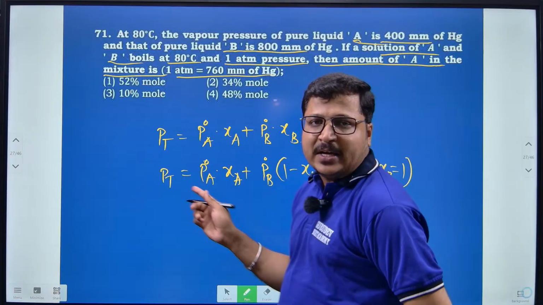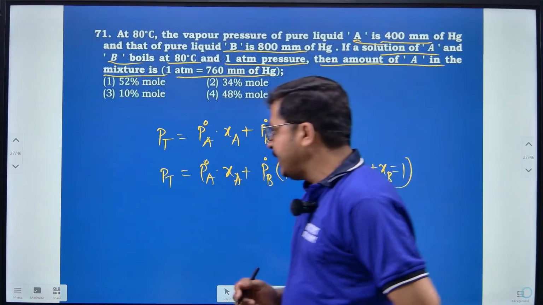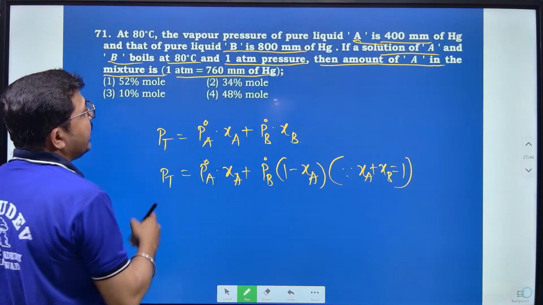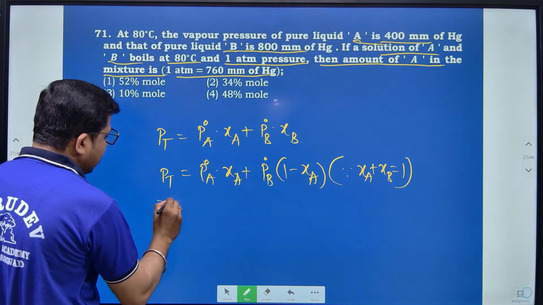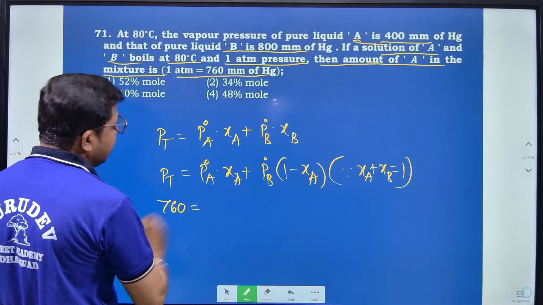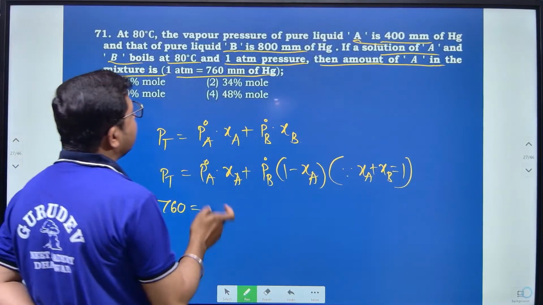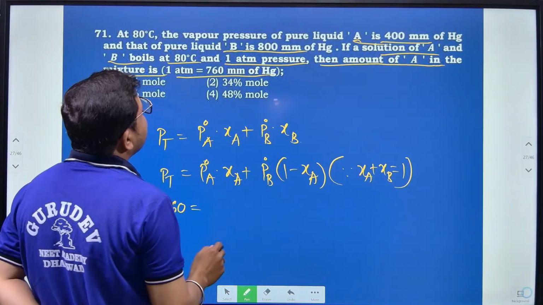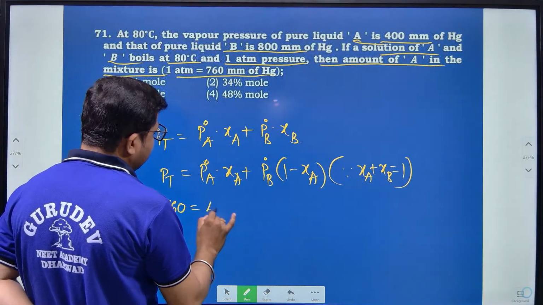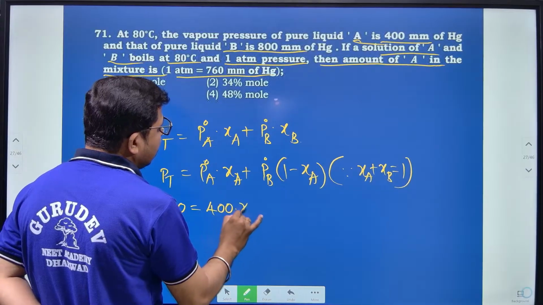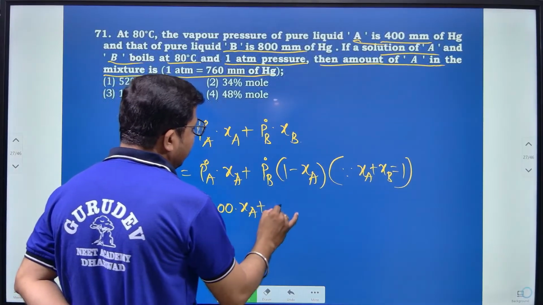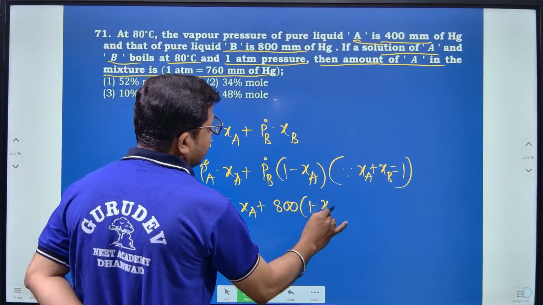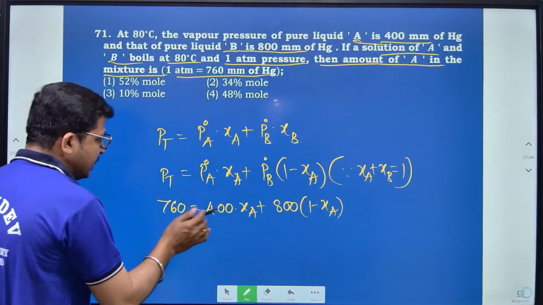Again, substituting the values into the equation and simplifying it. So Pt, they have given total pressure, that is 1 atm pressure. 1 atm pressure is nothing but 760 mm, is equal to, here they have given the pressure of A is 400 into XA plus PB 800 bracket of 1 minus XA, right?